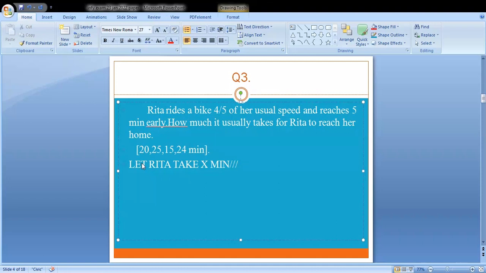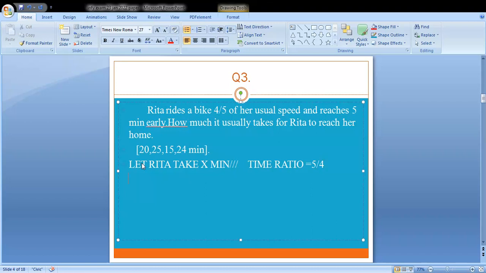That is the usual time. Let us take x minutes. Now her speed is 4 by 5th of the usual speed. If I reverse 4 by 5, I'll get her time ratio, which is 5 by 4. This is the time ratio now.